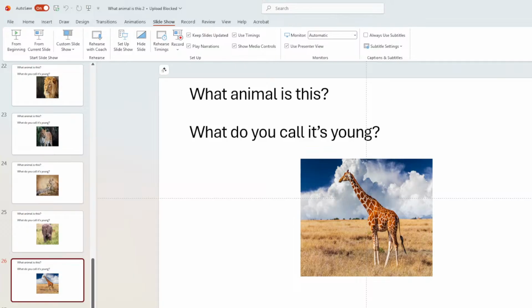Just looking at it, you should know that it's a giraffe. And the young one of a giraffe, is there anyone who knows what it is called? Well, it's also a calf.